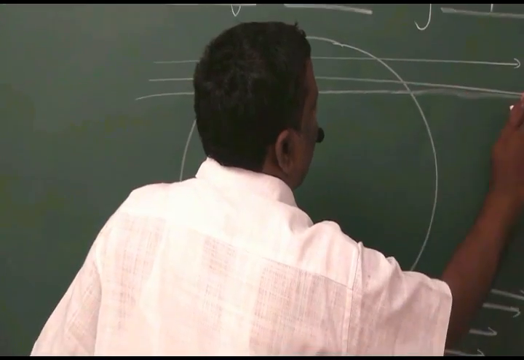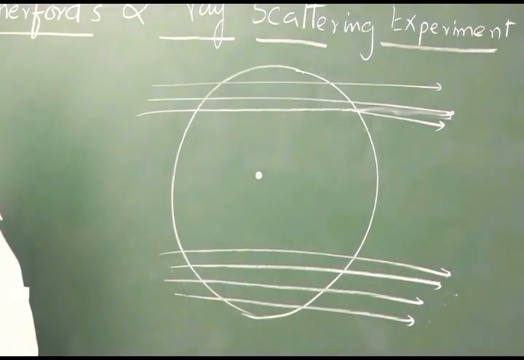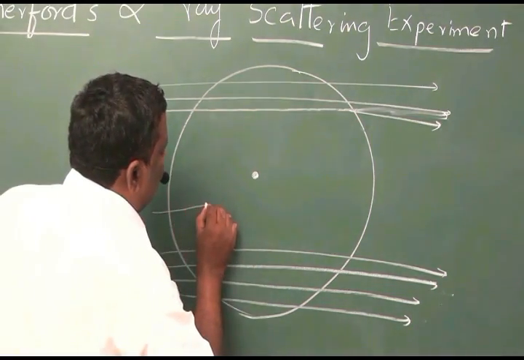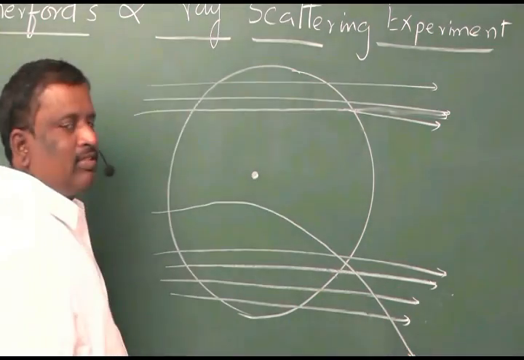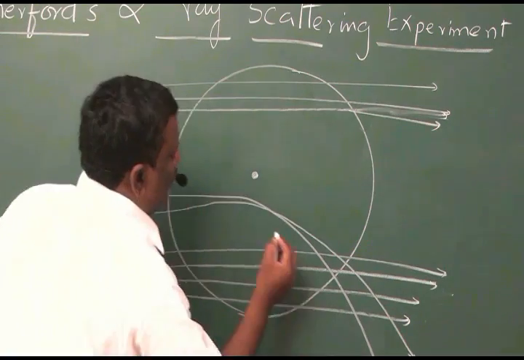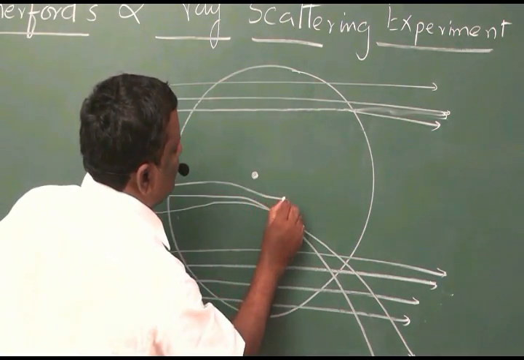When an alpha particle is away from the nucleus, there will be no change in its path. But when it comes closer to the nucleus, there will be a repulsion and it changes its path. So the magnitude of repulsion depends upon how close it is.